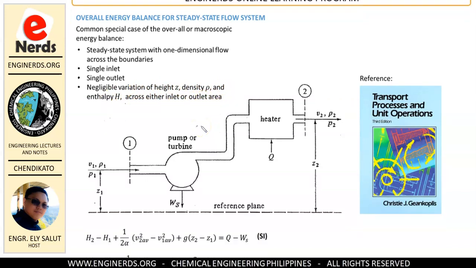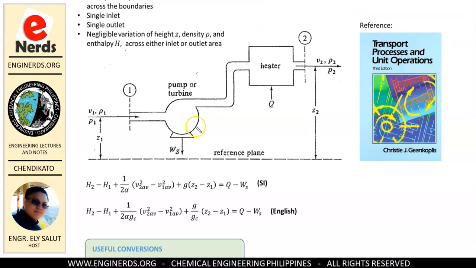So, meron tayo ditong diagram. Makikita din natin yan dito sa ating book. No? So, ito yung makukuha nating equations if we do the derivation of the overall energy balance. No? So, we already talked about the total energy in our previous video.